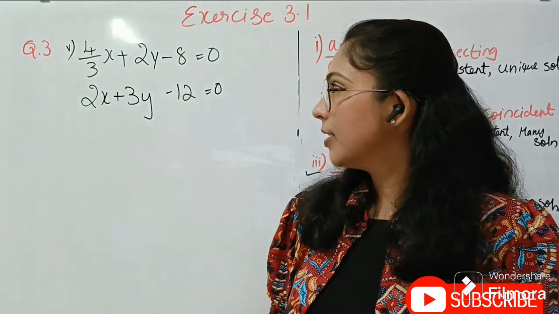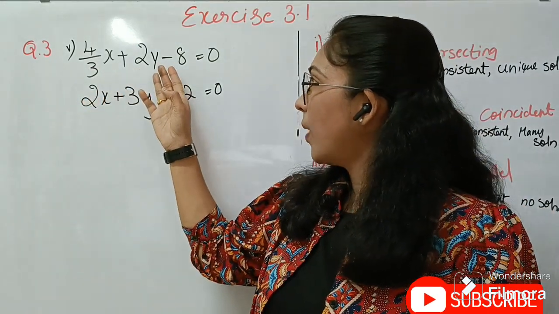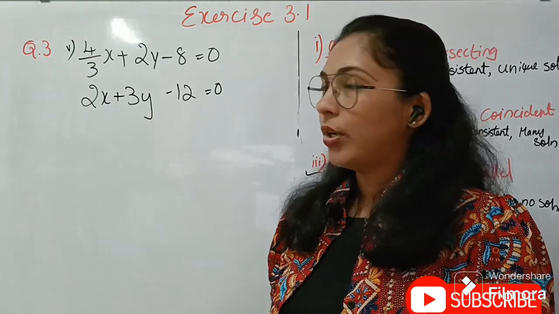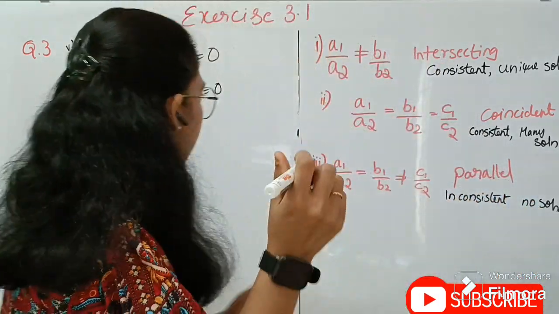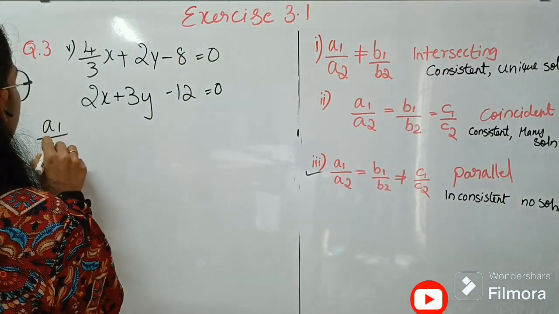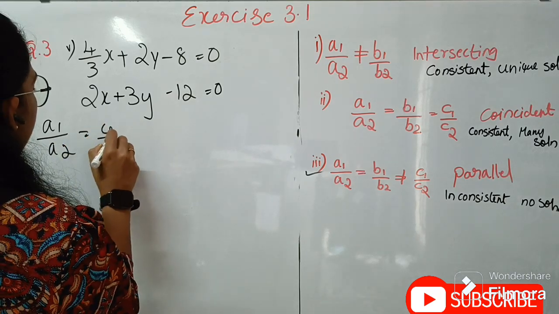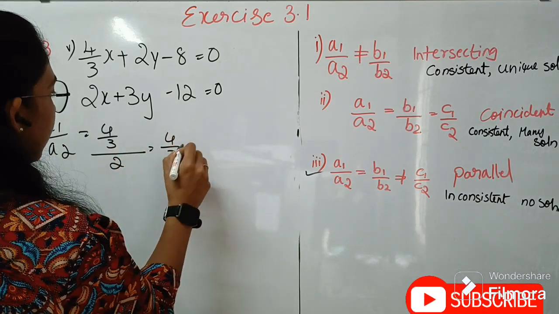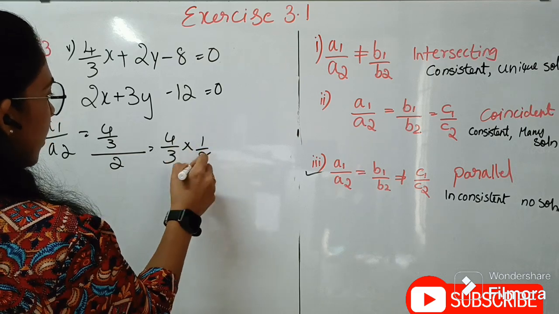The final one is (4/3)x + 2y − 8 = 0 and 2x + 3y − 12 = 0. So a1/a2 is equal to (4/3) divided by 2, which is equal to 4/3 into 1/2.